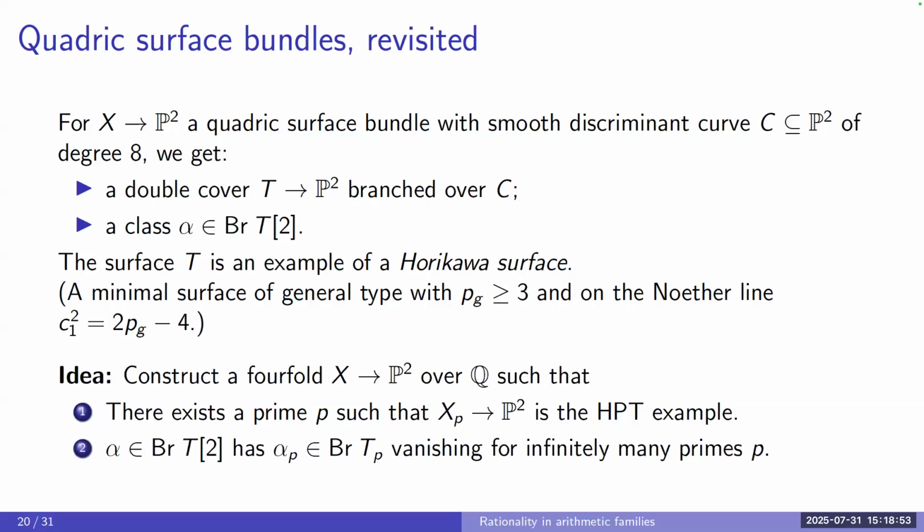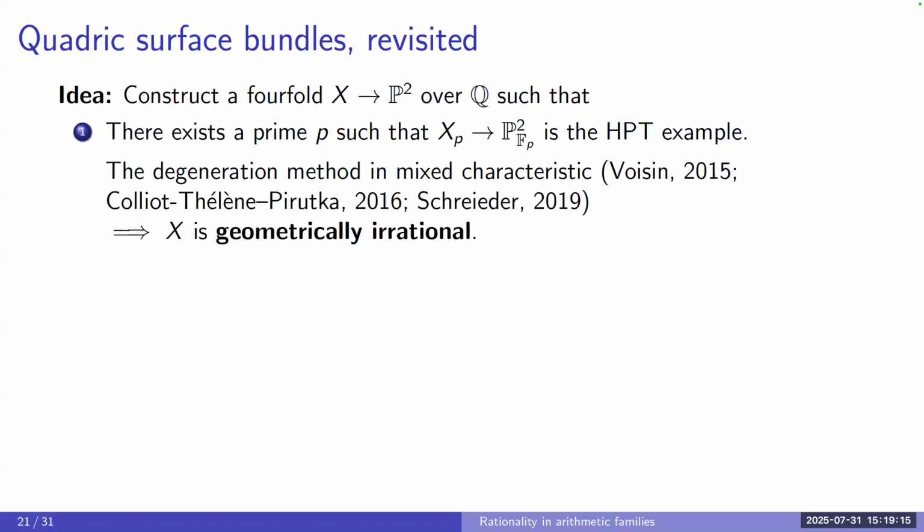And so, as I said, the idea now is to construct a fourfold over Q for which at some prime, I reduce to this Hassett-Pirutka-Tschinkel example on the previous slide. And so I could show that this Brauer class vanishes mod p for infinitely many primes p. I want this X mod p to be this Hassett-Pirutka-Tschinkel example. In fact, having this X mod p, which is irrational, is enough to tell me that X over Q is geometrically irrational.